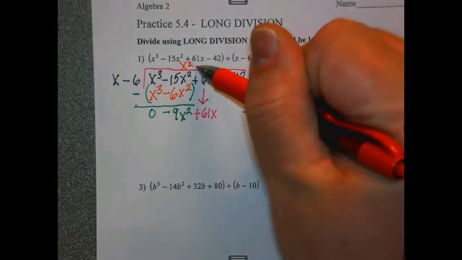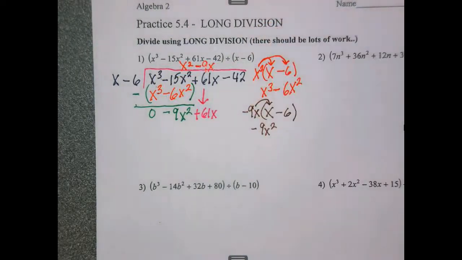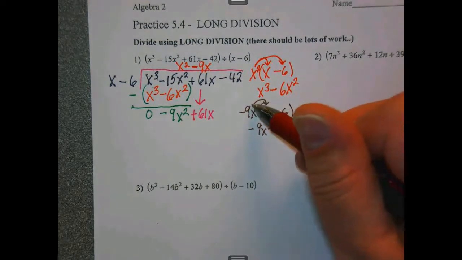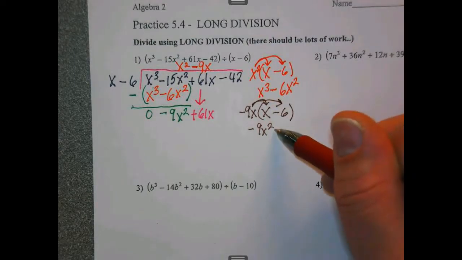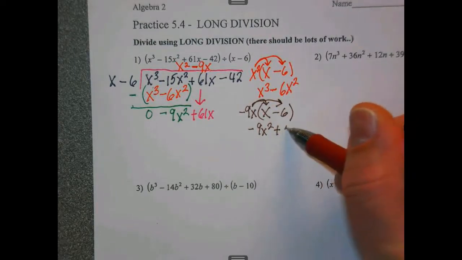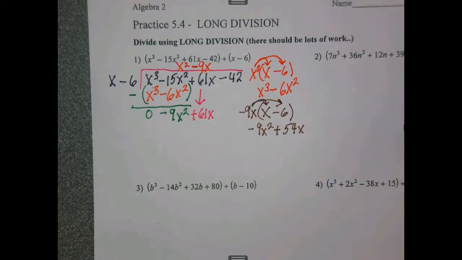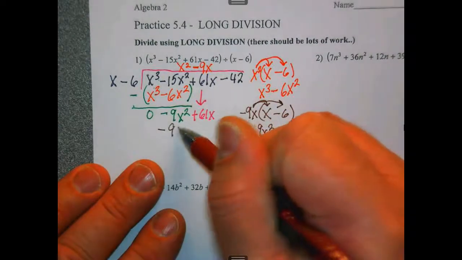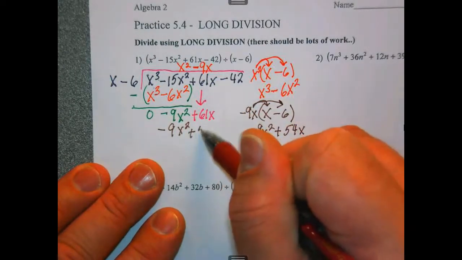So up here, I'm going to multiply by negative 9x. Negative 9x times negative 6, because I have to distribute, is a positive 54x. So here's my product: negative 9x squared plus 54x.